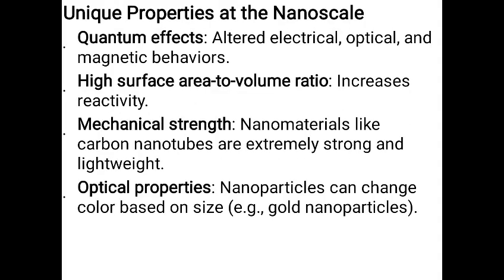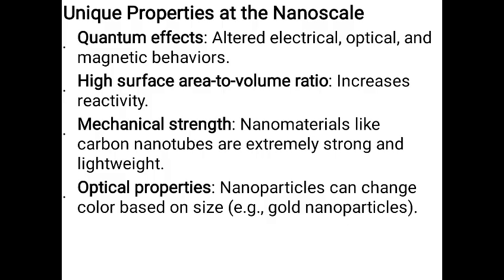Unique properties at the nanoscale. Quantum effects. These result in altered electrical, optical, as well as magnetic behaviors at the nanoscale range of materials. High surface area to volume ratio. With high surface area to volume ratio, increased reactivity can be obtained in the materials.